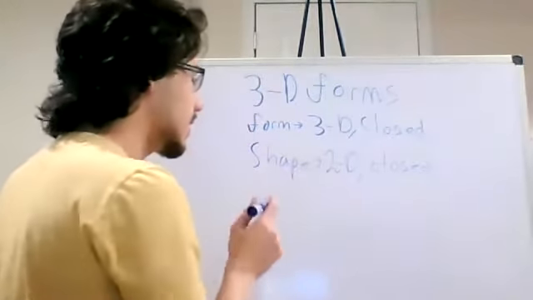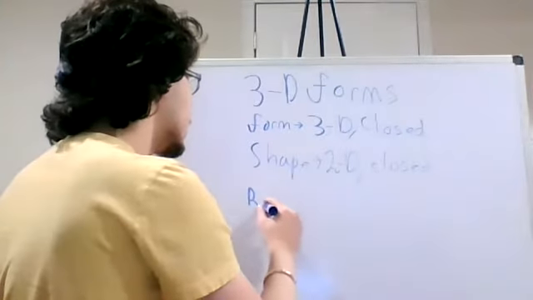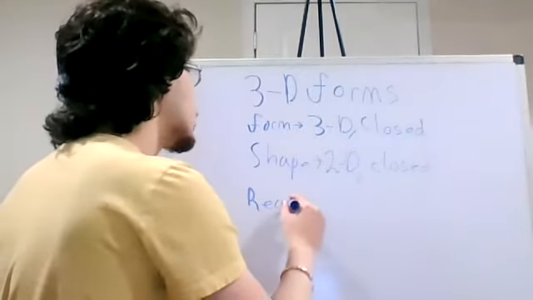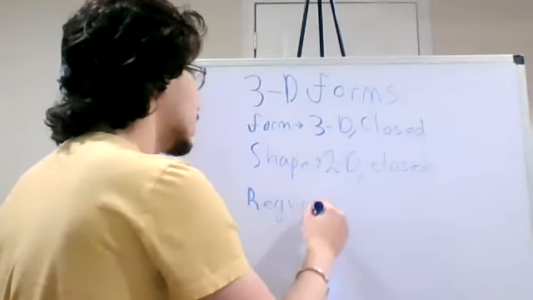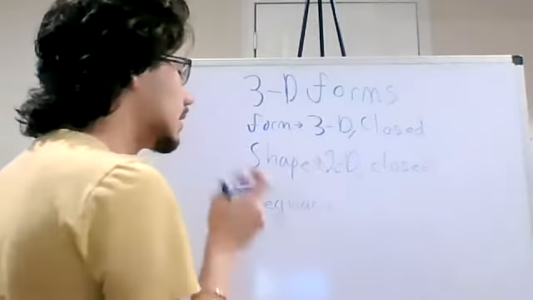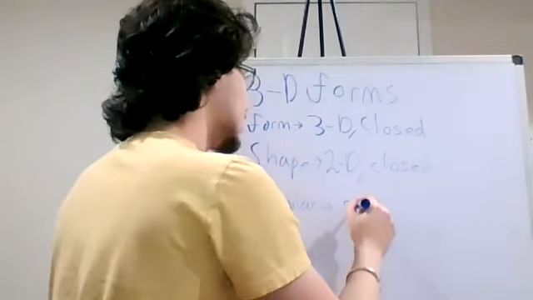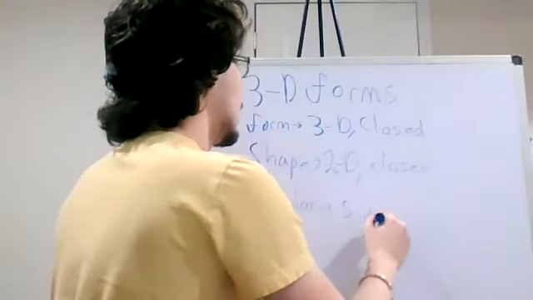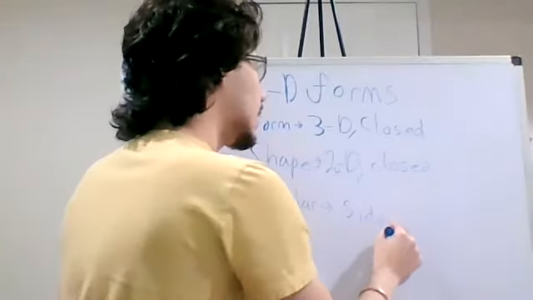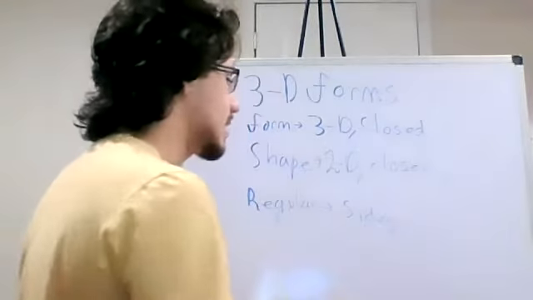Now, some other classifications that apply to shape, such as a regular shape, apply to form as well. Whereas a regular shape has all equal sides, a regular form does the exact same thing.